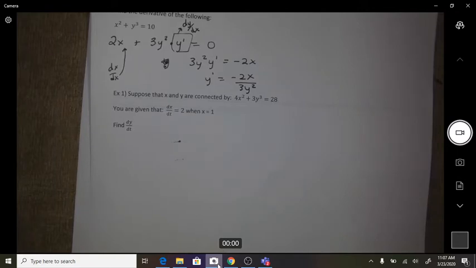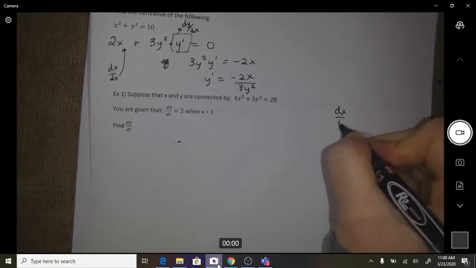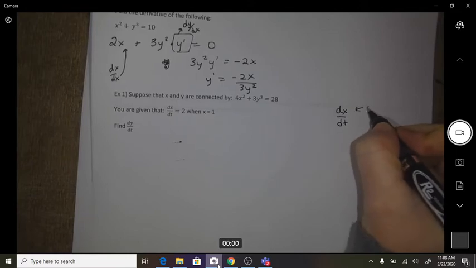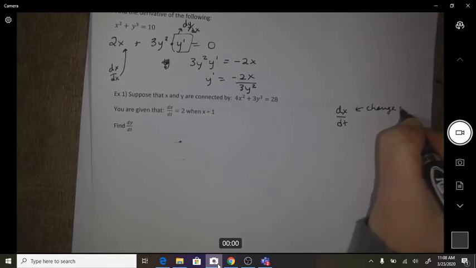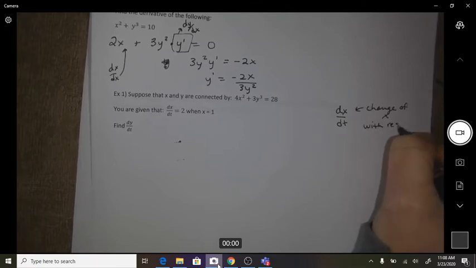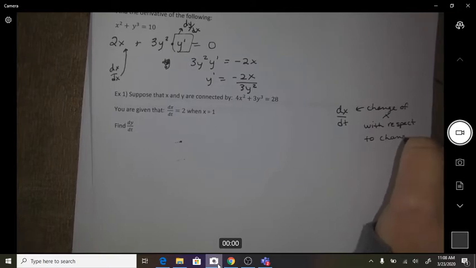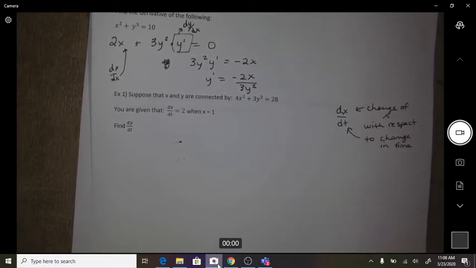So now, instead of differentiating with respect to x, we're differentiating with respect to time. So the change of x with respect to the change in time. So that's what this is all talking about.